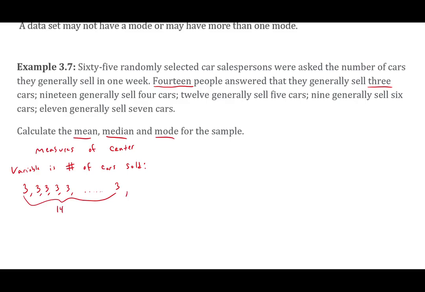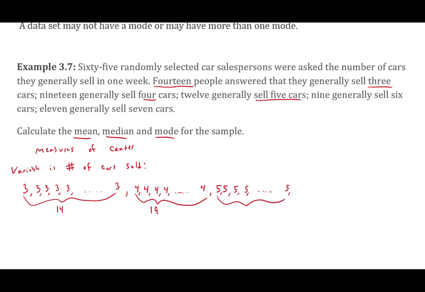Then we would have 19 who generally sell 4 cars. Again, we're asking how many cars do you sell in a week? They answer 4, 4, 4, 19 people answered that. 12 generally sell 5 cars per week. Again, number of cars sold is the variable, so 5, 5, 5, 5, 5.